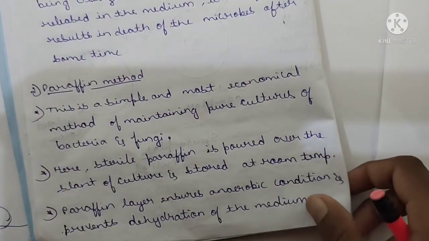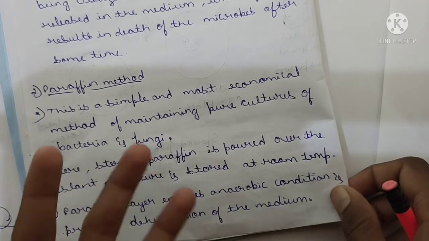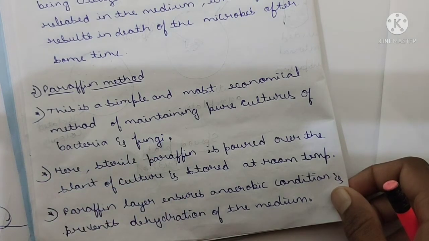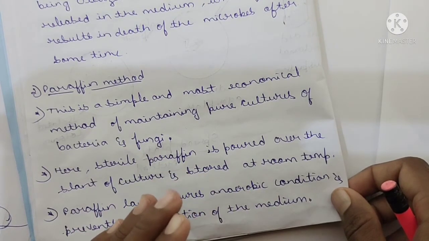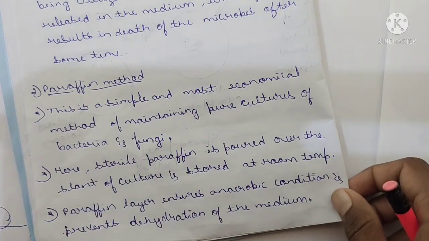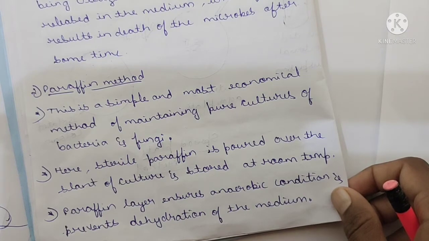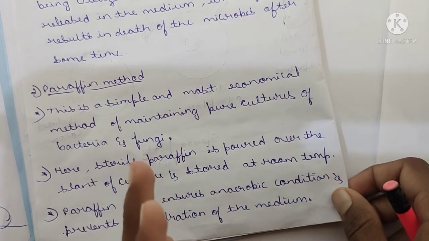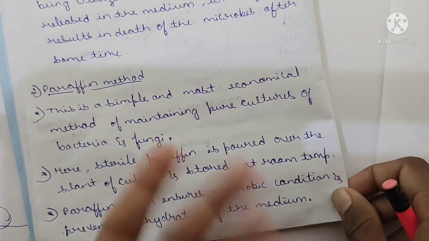The paraffin layer ensures anaerobic condition and prevents dehydration of the media. Mainly this paraffin layer ensures the anaerobic condition, meaning it will prevent the entry of oxygen. Oxygen is very dangerous for anaerobic microorganisms. If oxygen is present, the anaerobic microorganisms will die.